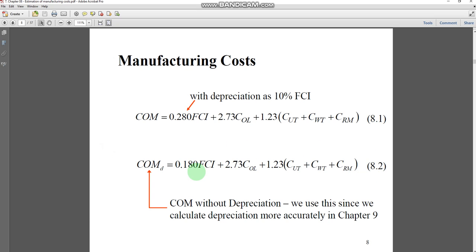You have to see which equation is more relevant to your analysis. If you want to simply estimate the cost of manufacturing including depreciation, you can directly use this equation. If you don't want to include the depreciation, then you can go for equation 8.2 to estimate the cost of manufacturing.